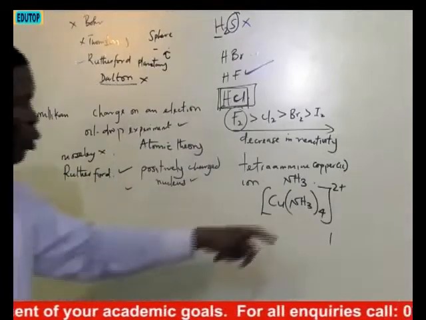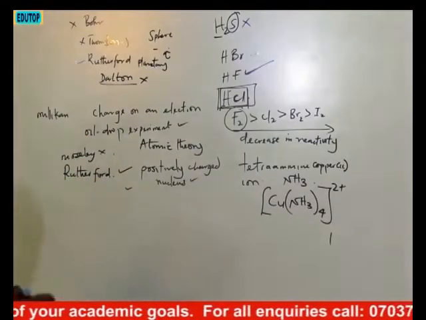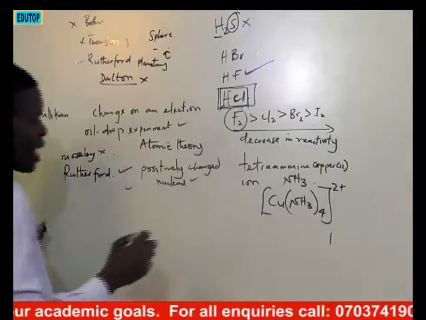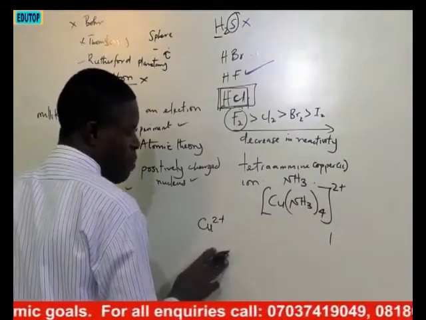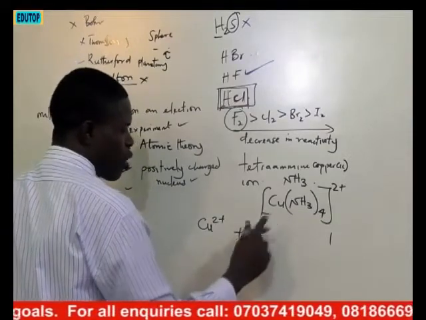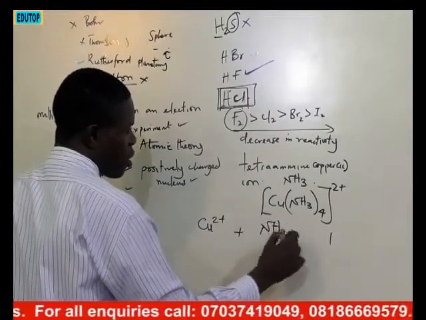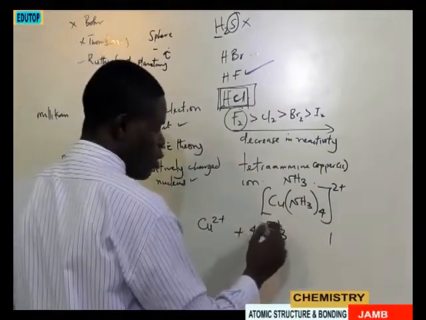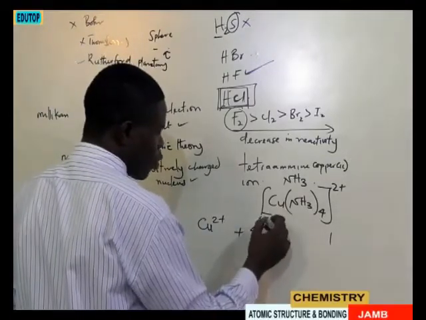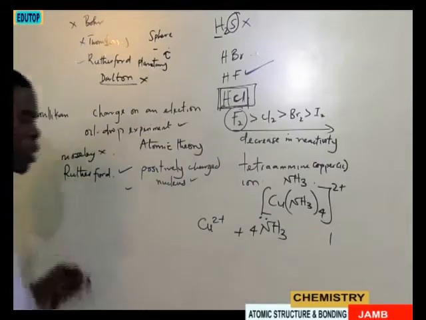So the bonding here is what? Remember I explained earlier that when you have a bonding between a metal ion and a nucleophile, it is definitely coordinate covalent bonding, that is dative. This is a nucleophile simply because it is rich in electrons.